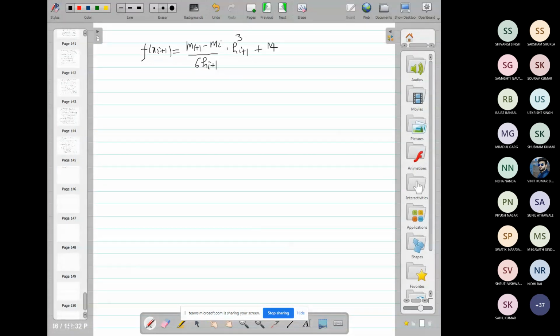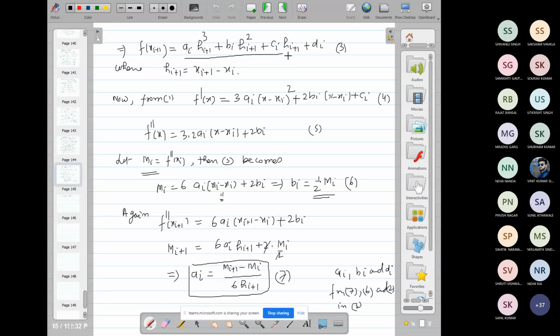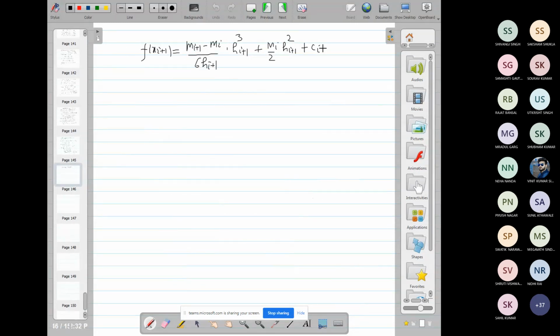The bi is mi by 2, times hi plus 1 square, plus ci, which is not known, and ci into hi plus 1, plus di is f xi, this. So from this relation we obtain ci.